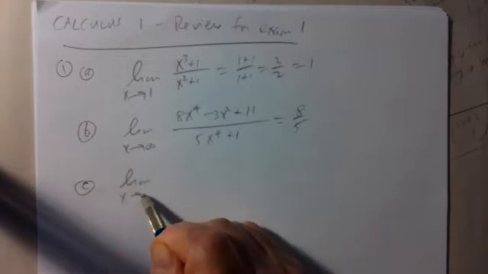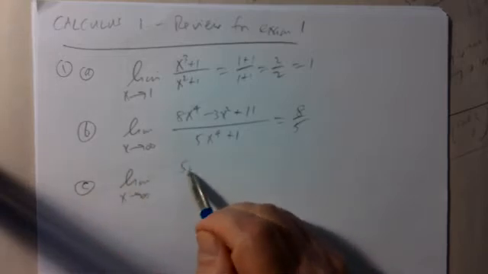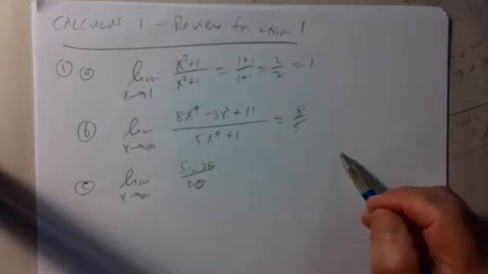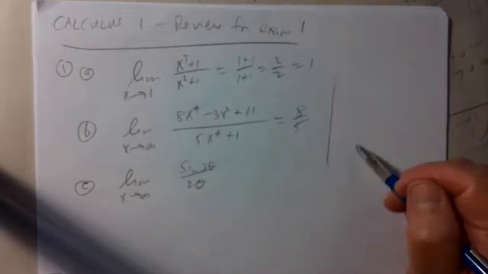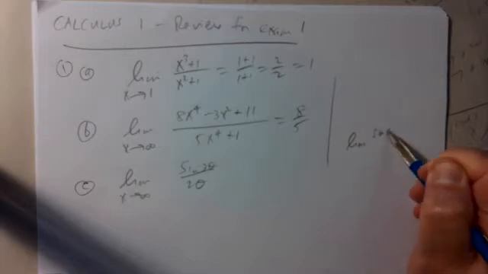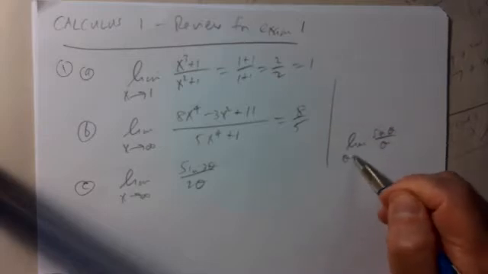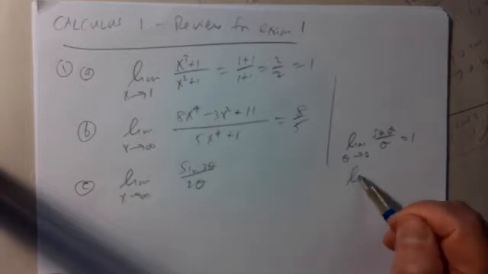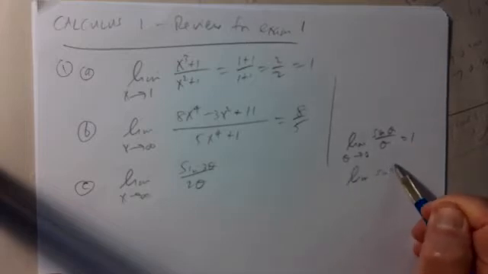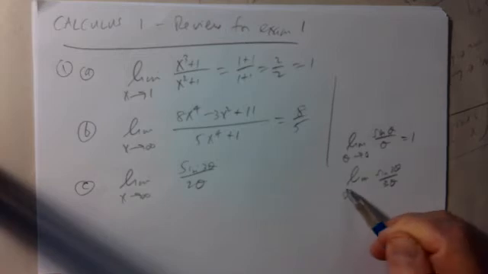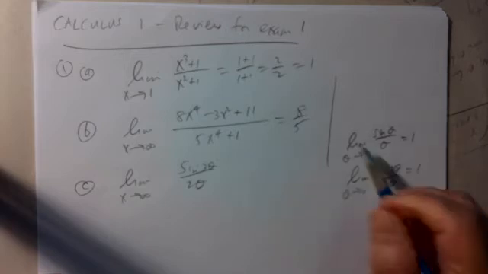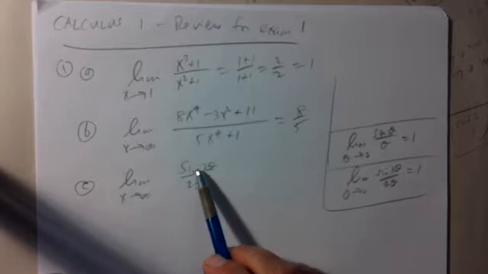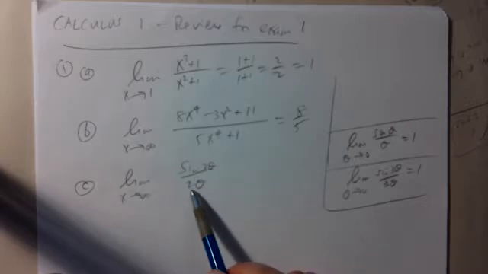When we have the limit of sine of 3 theta over 2 theta, what we have to remember is that the limit of sine theta over theta as theta goes to 0 is 1. And so the limit of sine 3 theta over 3 theta as theta goes to 0 is also 1. But here we don't have sine of 3 theta over 3 theta, it's 2 theta.